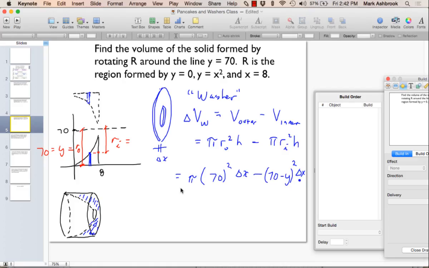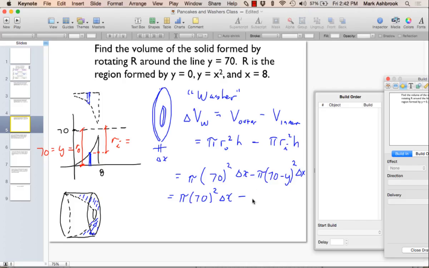But now we have delta x, so we're going to change everything that's y into x. We have pi times 70 squared delta x minus, next to it, pi. You're saying pi, I thought you said I. Okay, thanks.